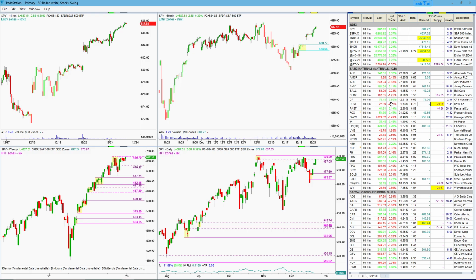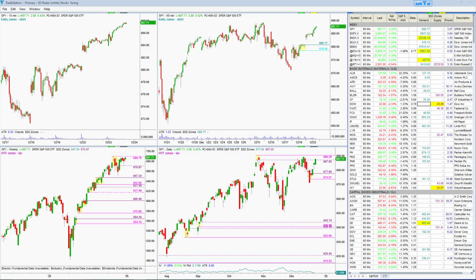Okay, it is a supply zone, and it has been weaker, but not really weaker than the S&P over the last 4 weeks. So is it really something you want to consider? I would say for me, not, and I would just move on based on that, right? So that's how you use the beta column. That's how you use the Radar Screen without even having to go look at a chart.